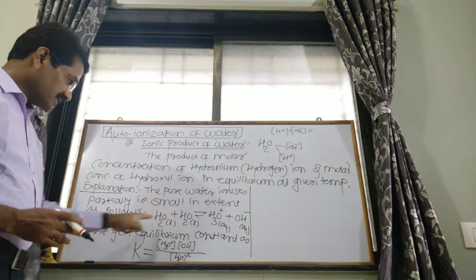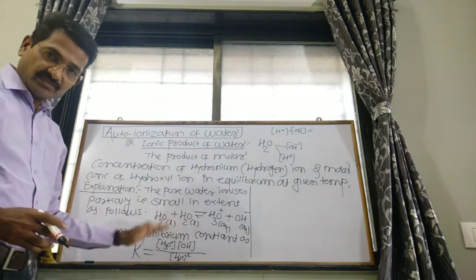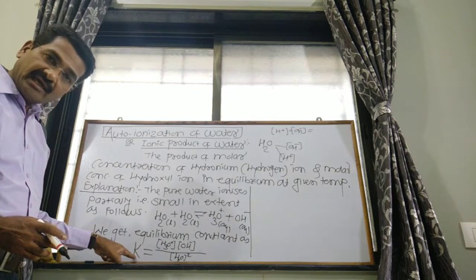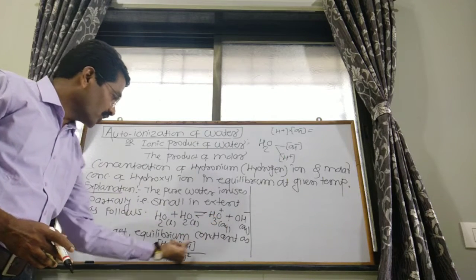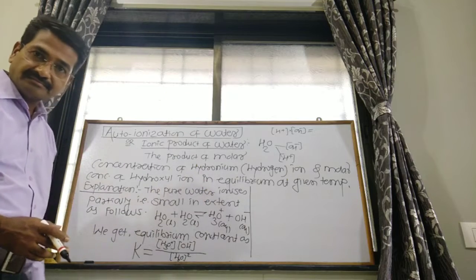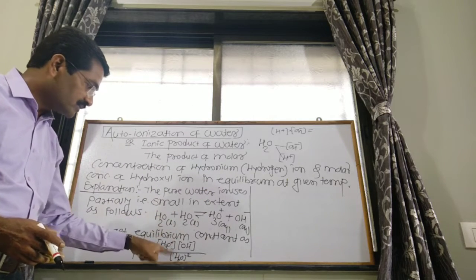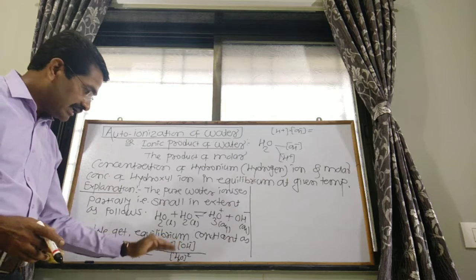The ionized molecules are the numerator, and the unionized molecules, two molecules taken as the square, are the denominator.